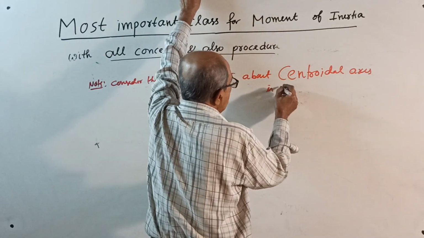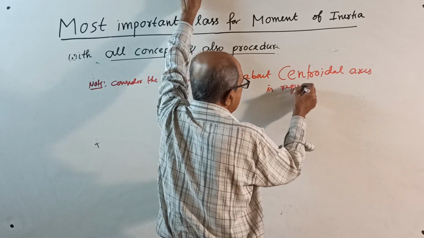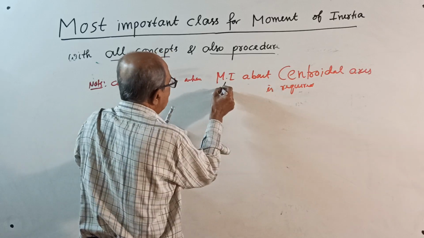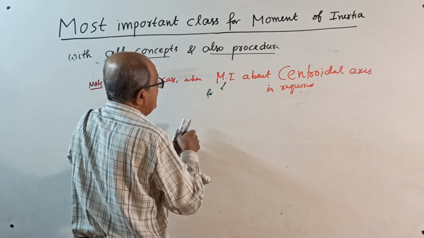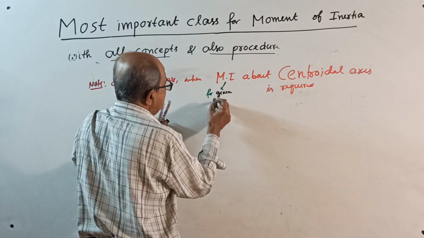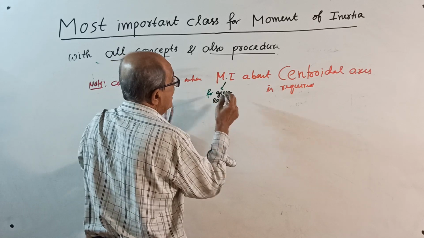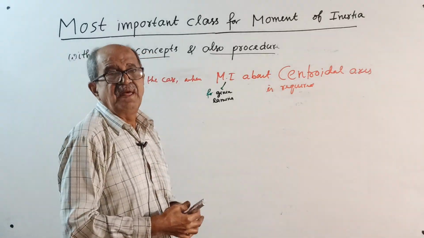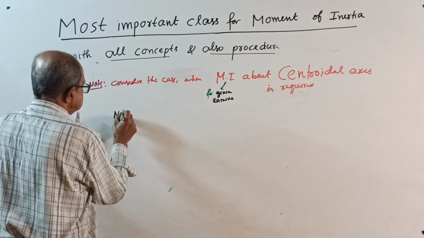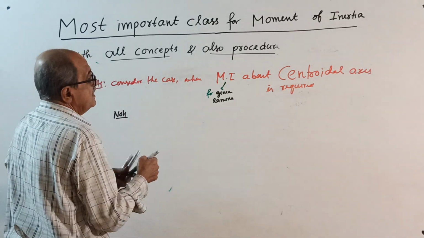The centroidal axis is required for the given lamina. Given lamina means the given entire area. Whenever the centroidal axis is required, note this.